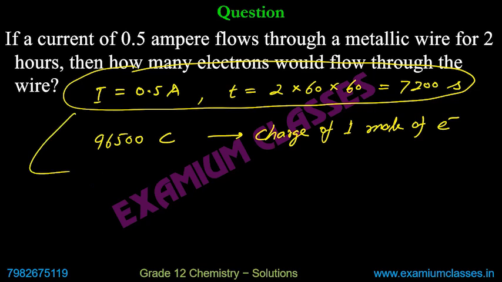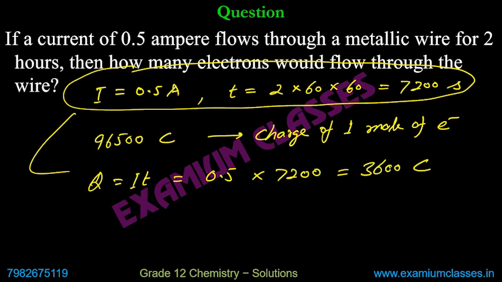So the charge from here will be Q equals to IT, that is 0.5 into 7200, 3600 coulombs. Now we will apply this rule.